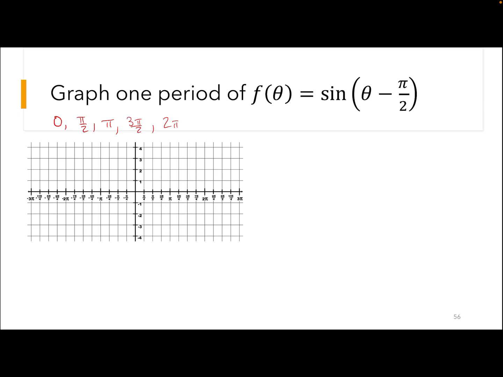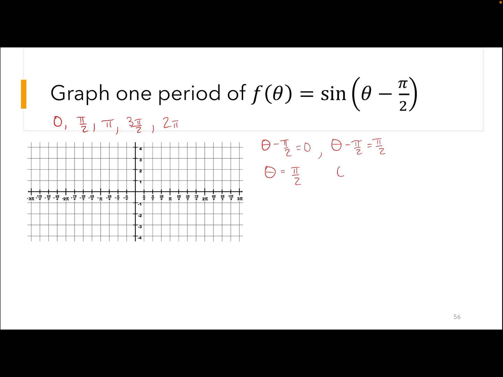So our new key points are going to be theta minus pi over 2 equals 0, which obviously theta equals pi over 2.